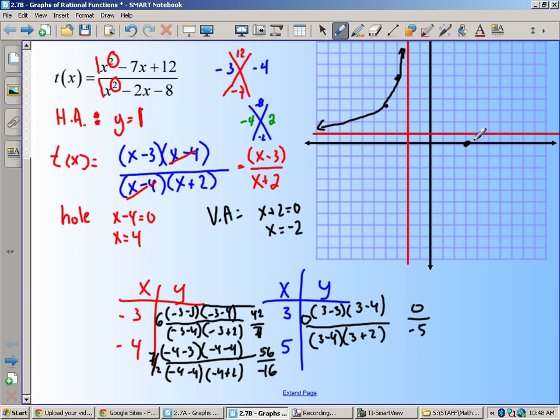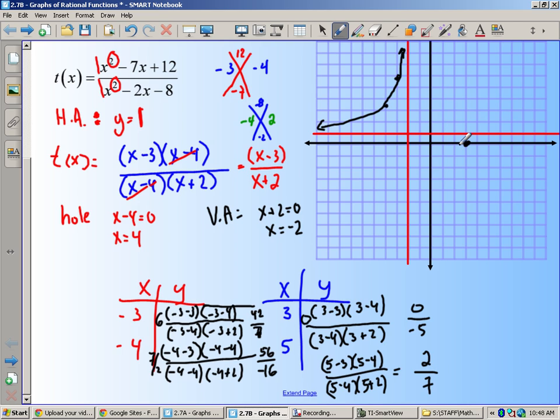Now if I plug in 5, I get 5 minus 3 times 5 minus 4 all over 5 minus 4 times 5 plus 2. Plugging this in, 5 minus 3 is 2, 2 times 5 minus 4 is 1, so it's 2 on top. And on the bottom, 1 times 7, so 2 sevenths at 5.